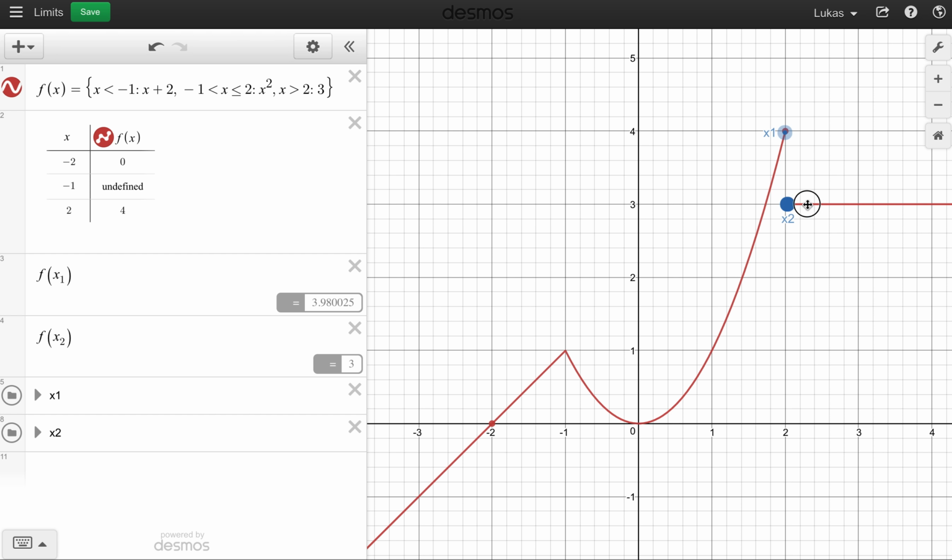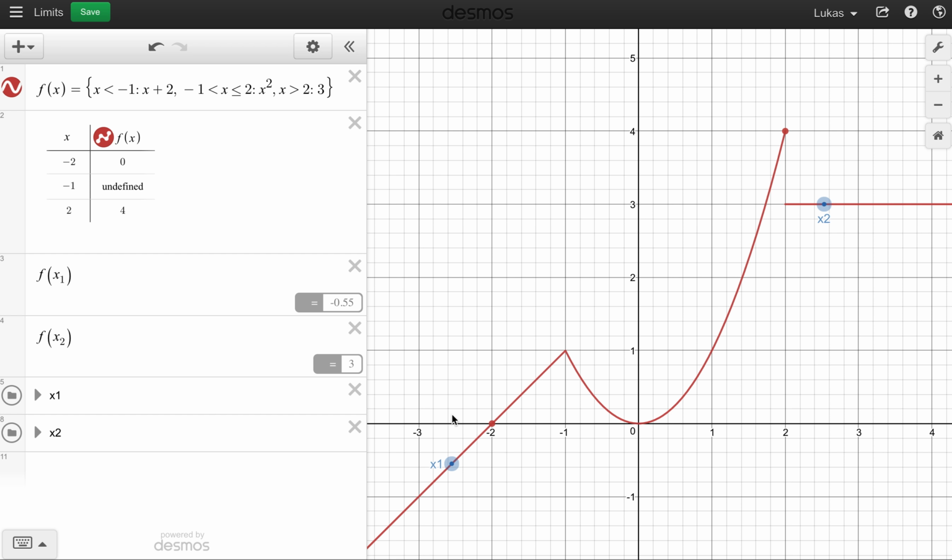And lastly, our point at 2, x equals 2, the function exists at 4, right, when x equals 2, but the limit does not exist because the limit from the left or the right side approach different things.